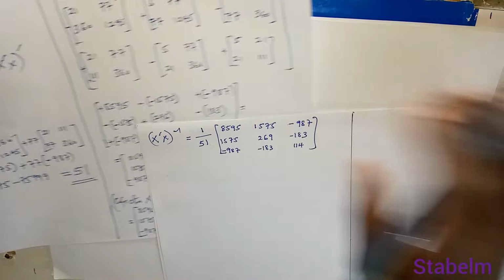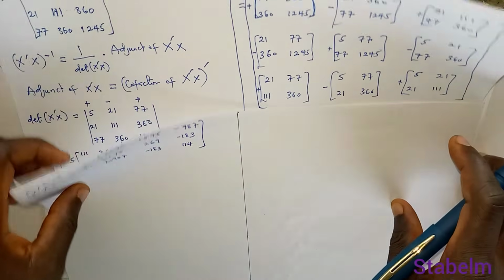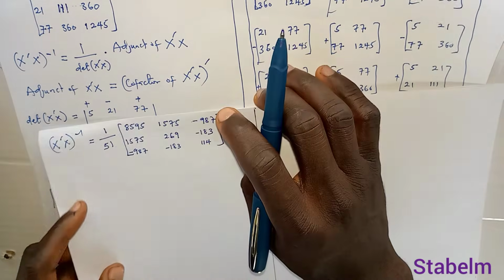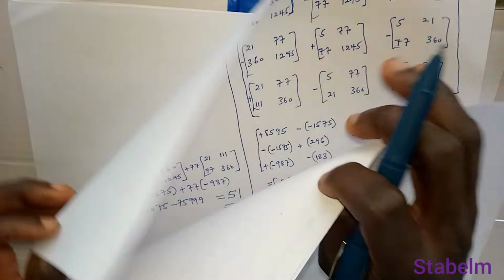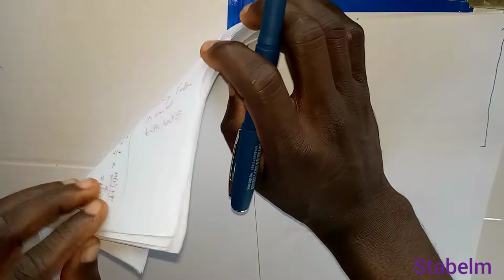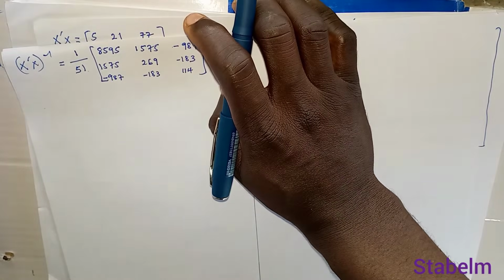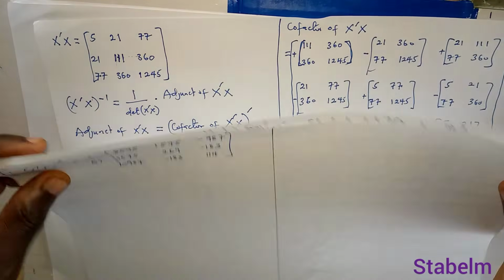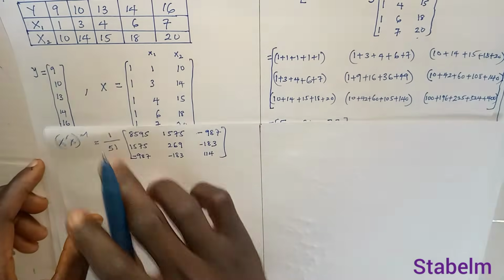Now from our main formula, the one we did the other time, we need to get our beta, and our beta is supposed to be (X'X)^-1 X'Y.